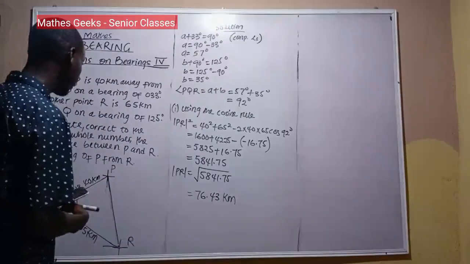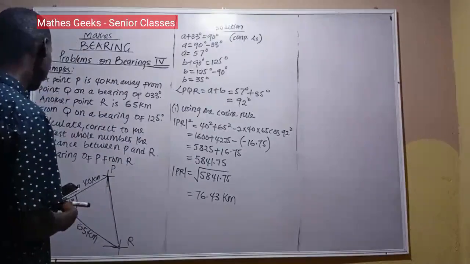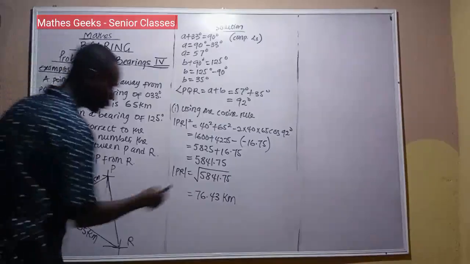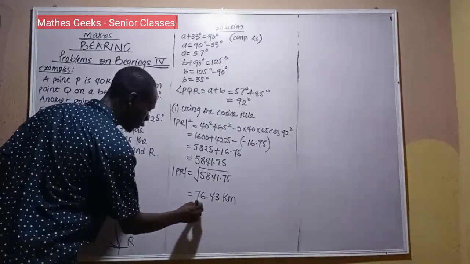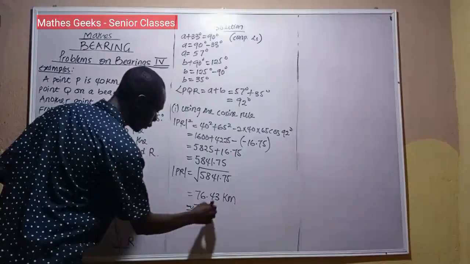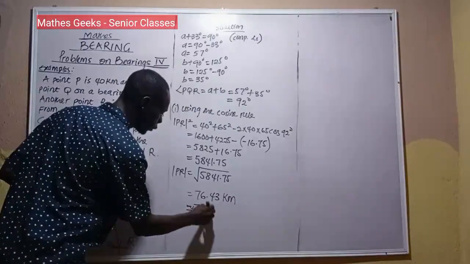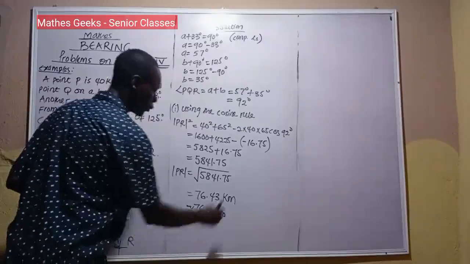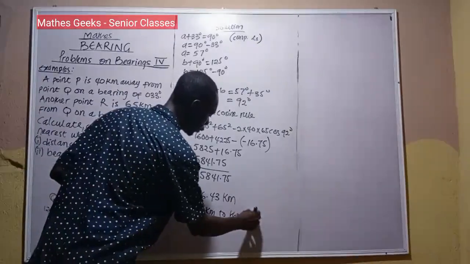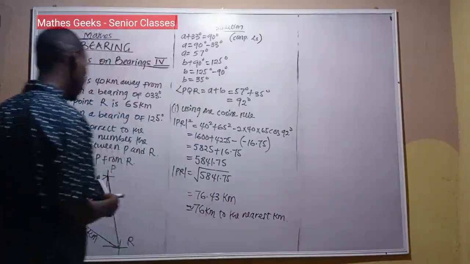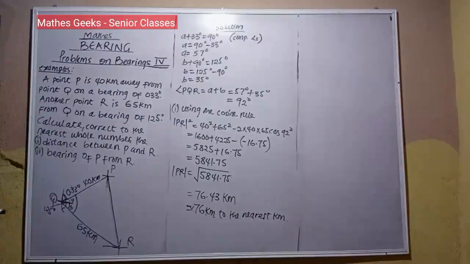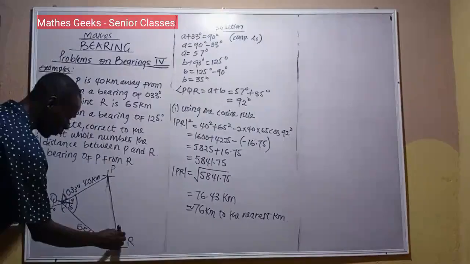If you are going to approximate to the nearest kilometer, that gives us approximately 76 kilometers to the nearest kilometer.